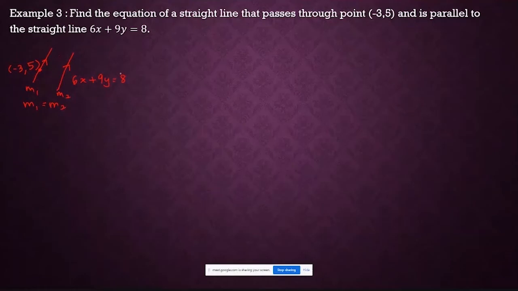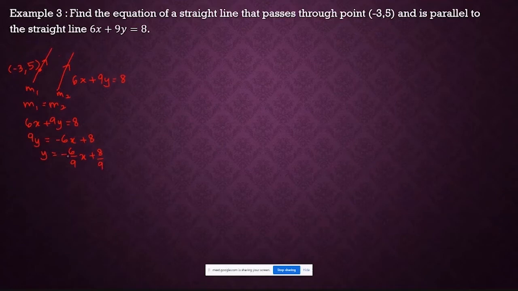From the second line, 6x plus 9y equal to 8, so you have 9y equal to negative 6x plus 8. So y equal to negative 6 over 9x plus 8 over 9.